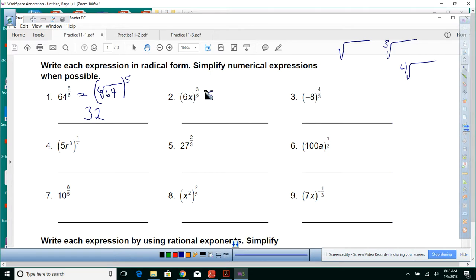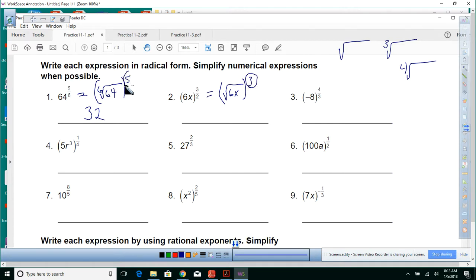All right, so 6x to the 3/2 power. That's going to be the square root of 6x, and the cube applies to everything, so we're going to put it up there. And also make sure when you're writing these roots that you're writing it up here in the superscript part.